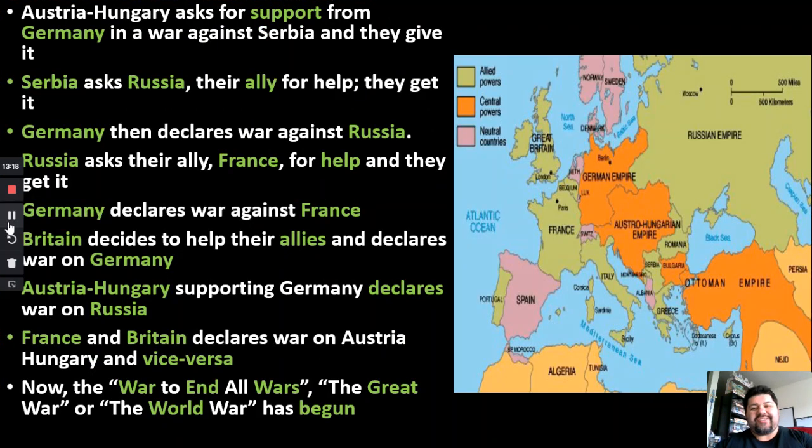So here's the thing. Remember I told you the Austria-Hungary king didn't like his nephew, but he knew that the Kaiser of Germany and him were best friends. So he basically tries to play the, oh, my nephew, oh, my great nephew, oh, how I loved him so. He was brutally murdered by these Serbian people.